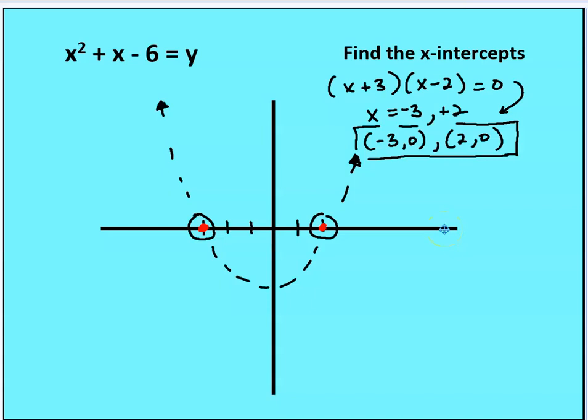That's where the graph crosses the x-axis. So we're going to solve for y equal to 0, find that x is equal to negative 3 and 2, and then use that information to construct our x-intercepts as a coordinate pair. So I need an x value and a y value in those parentheses.